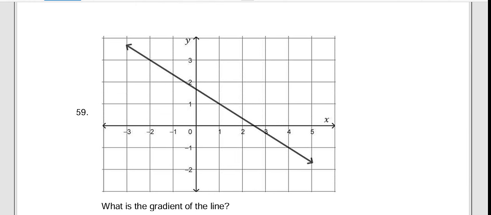What is the gradient of the line? You can use any two numbers you're going to take from the graph. Number 59. Here we have a point -2 and 3.